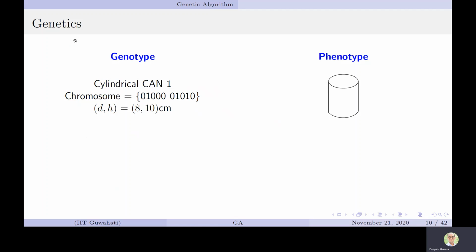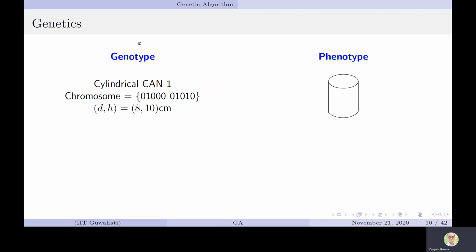So let us understand genetics first. What do we mean by genetics? Here you can see two columns, genotype and phenotype. Genotype means the information coded in our genes. Phenotype is how we look. If we correlate these two terms with ourselves, we have our genes.